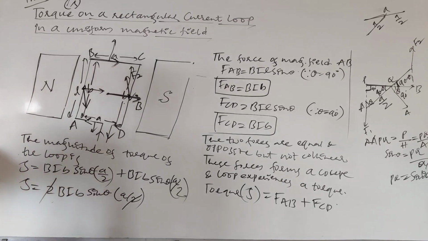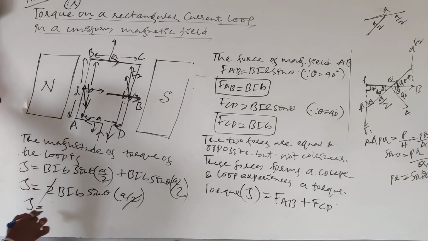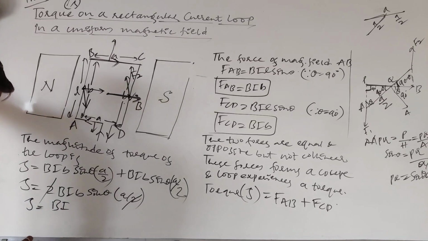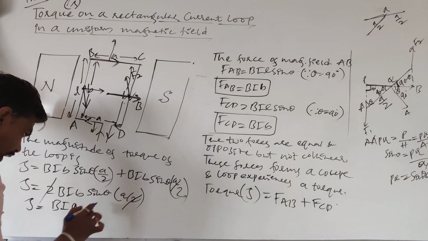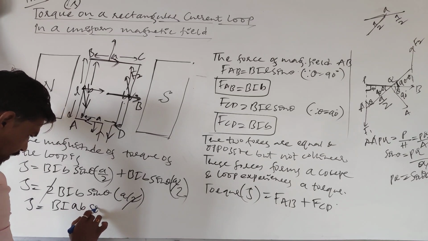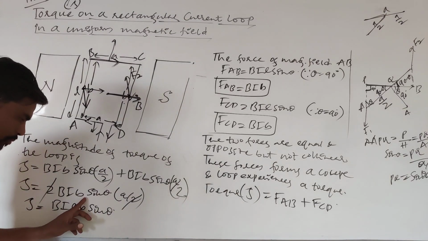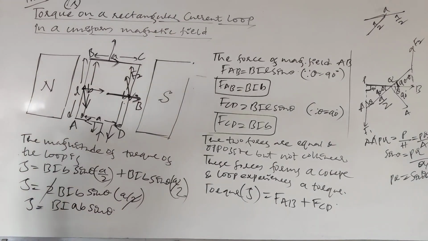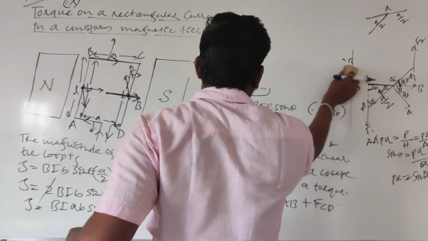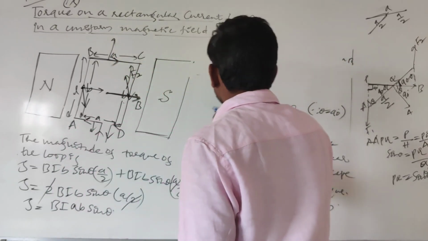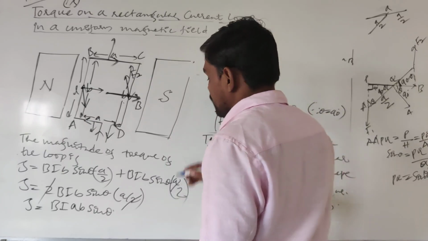These two cancel, so torque is equal to BIb A sin theta. Now once again, torque is equal to B I, and so on.